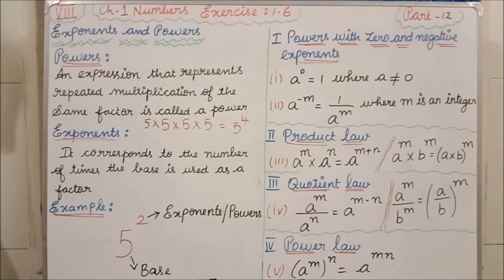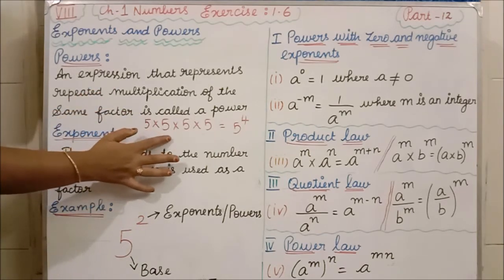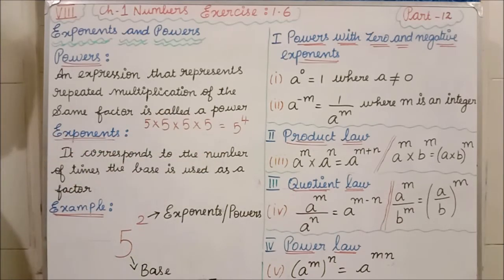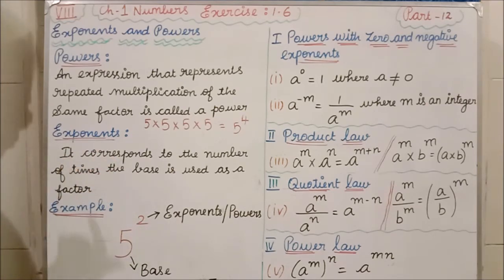Clear? Exponent. Exponents and powers are most often the same. It corresponds to the number of times the base is used as a factor. See the example, 5 square they have given. Now this square we will say as the exponent, or sometimes we will say it as the power.